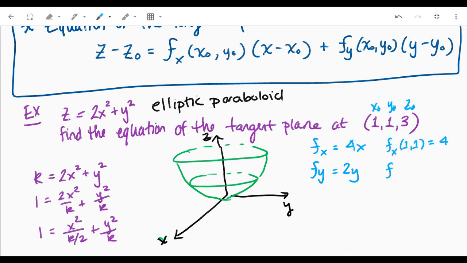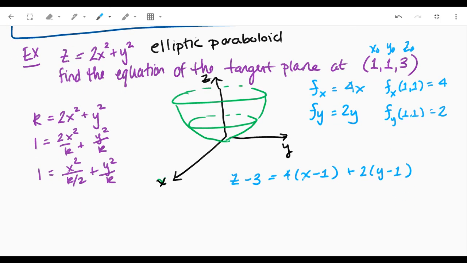The partial in y at x naught, y naught would be 2. Okay, so we've got z minus z naught equals that partial in x at the point, so 4 times x minus x naught, plus the partial in y, so 2 times y minus y naught. Okay, so that's it. We found the equation of our tangent plane.